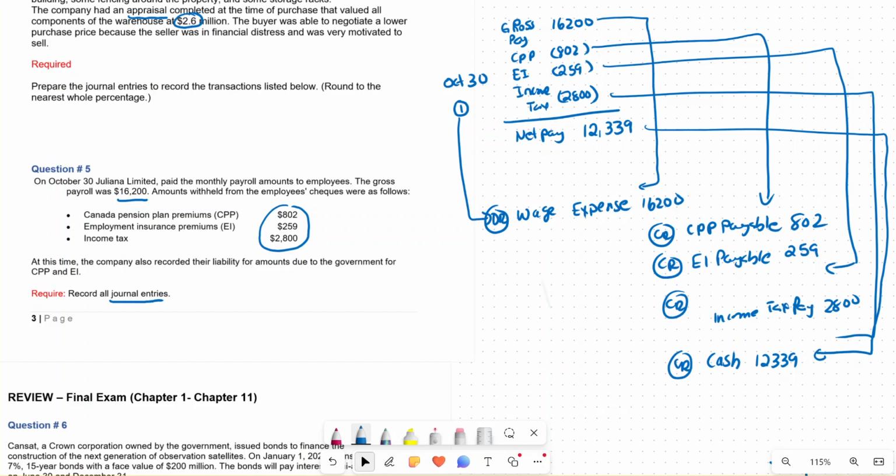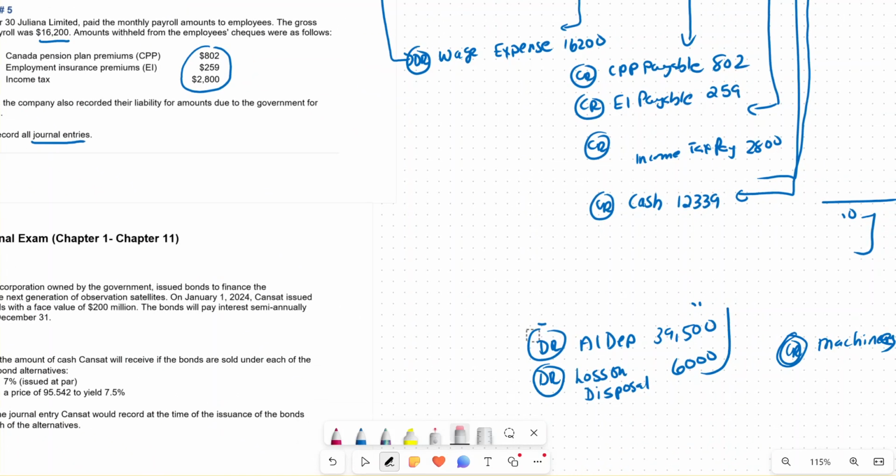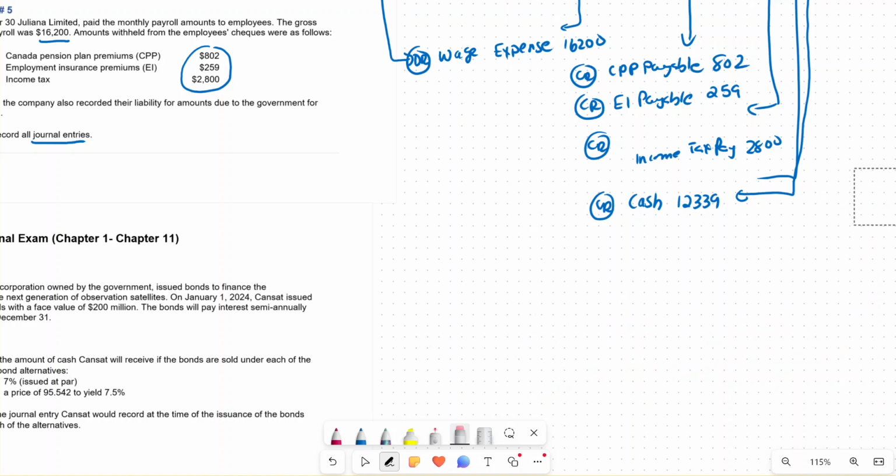The second entry is for the company's own deductions. This we showed you in the question, and you have to remember it for test purposes. As a company, we have two mandatory deductions, which are for the employer, so we record the employer deductions. When we do that, we debit the wages expense.